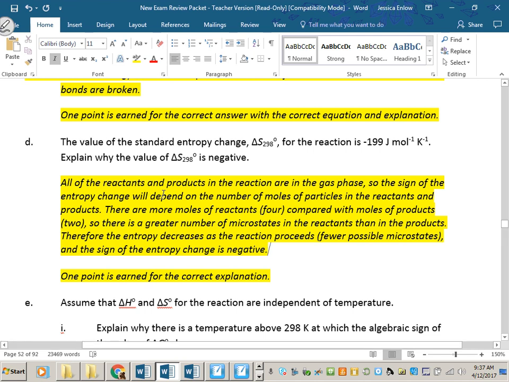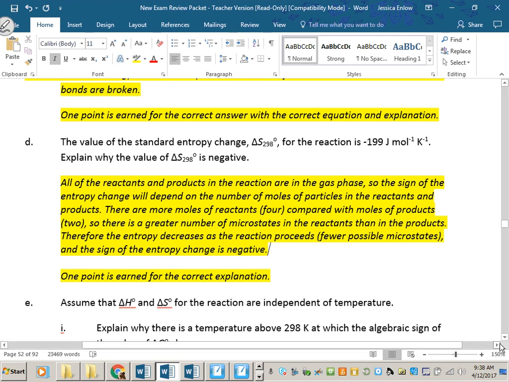They call it microstates, but positional entropy is how you can refer to them as well. You can, because you can have more moles of liquid having more positions: liquid particle 1, liquid particle 2, or liquid particle 2, particle 1. They can take on all these different positional arrangements, which give them more possibilities for disorder.